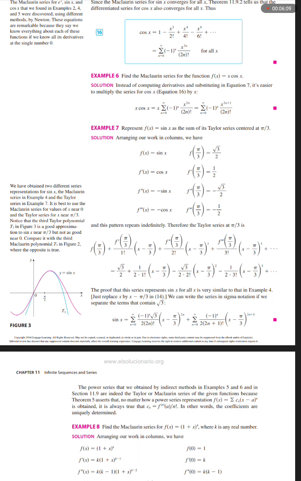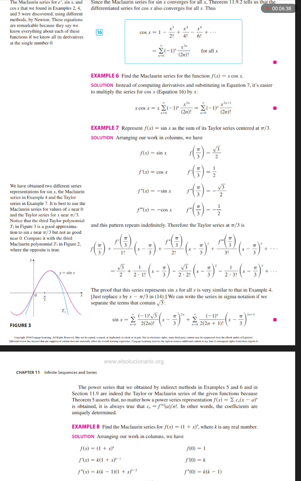Notice that the third Taylor polynomial, T_3, in figure 3 is a good approximation to sin x near pi over 3, but not as good near 0.